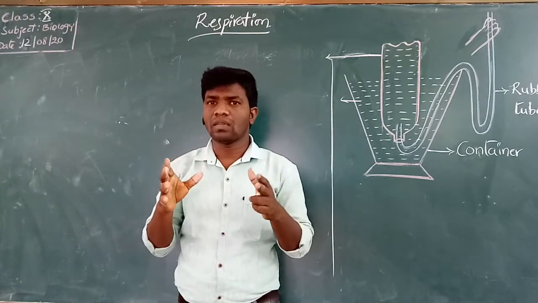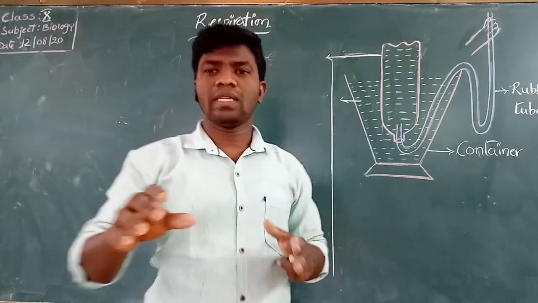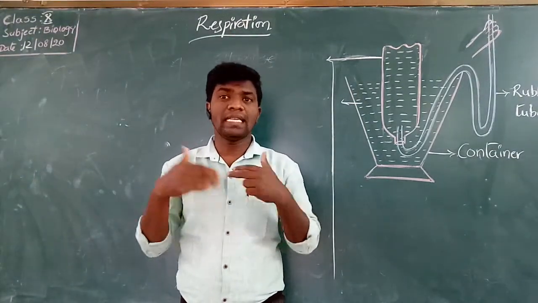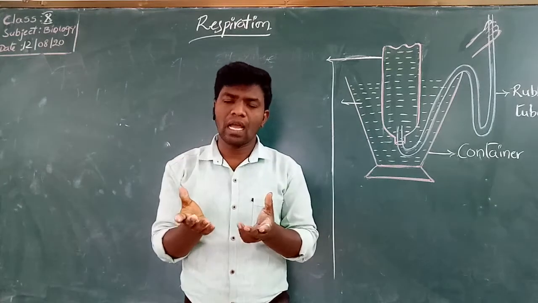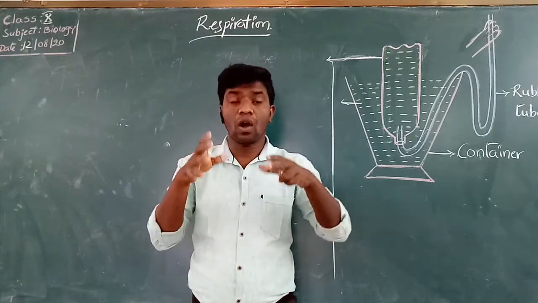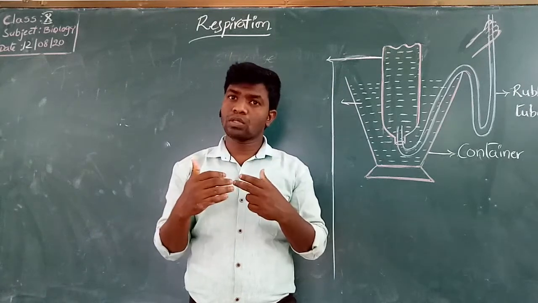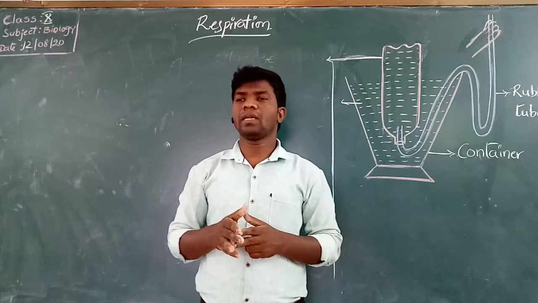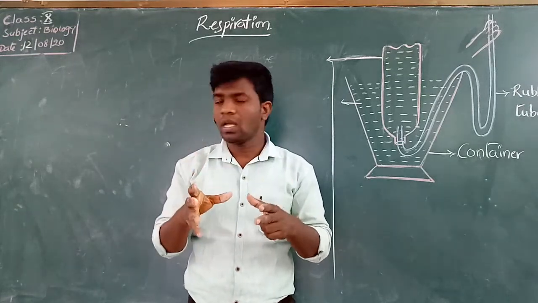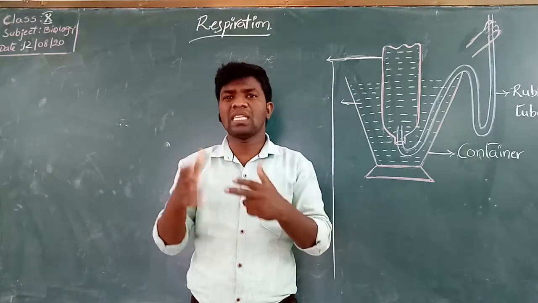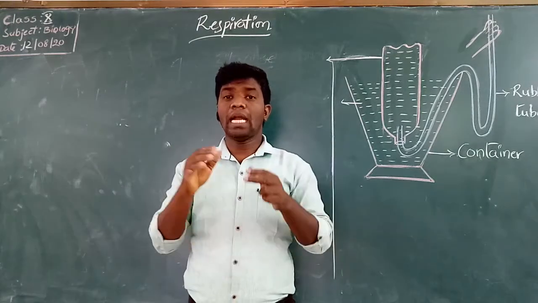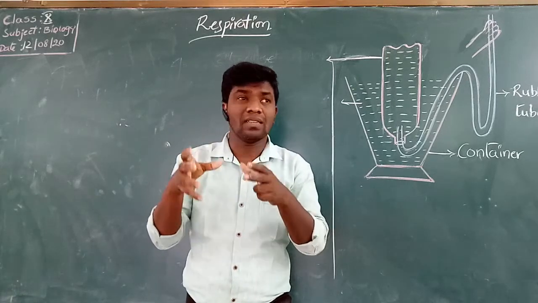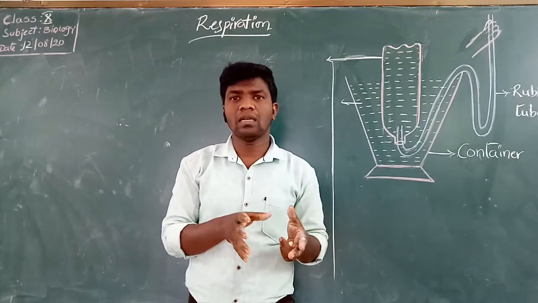When oxygen is inadequate, that is, if the oxygen is not available, glucose oxidation stops at this point, and pyruvic acid is converted to either lactic acid or alcohol.